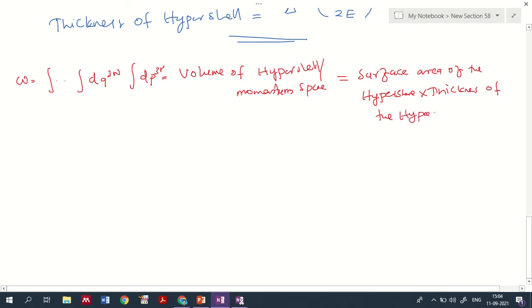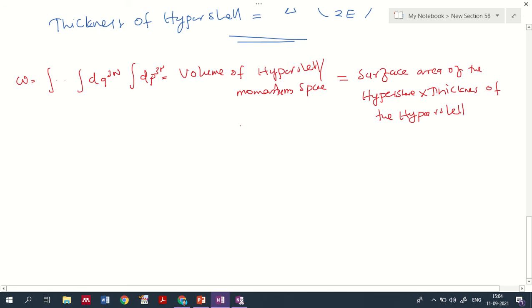So we are just taking the volume of the hypershell, or volume of the momentum space, which is equal to surface area of the hypershell into thickness of the hypershell.